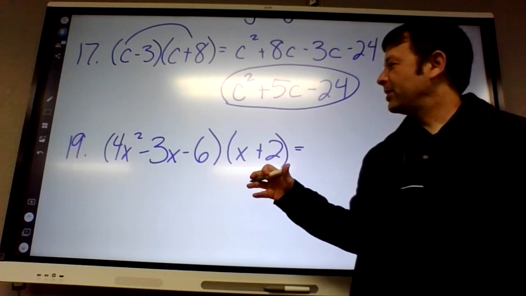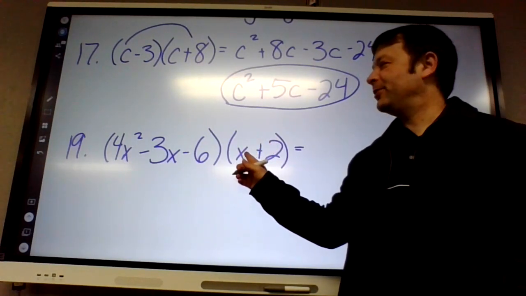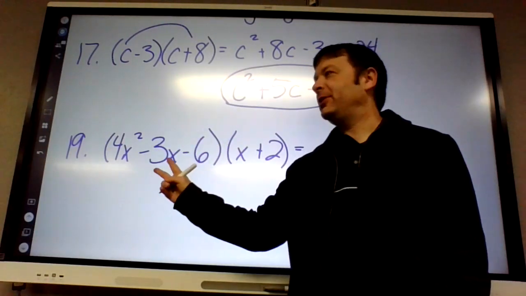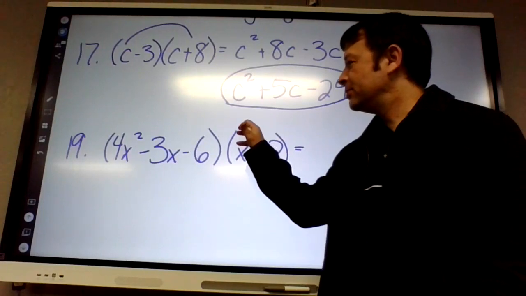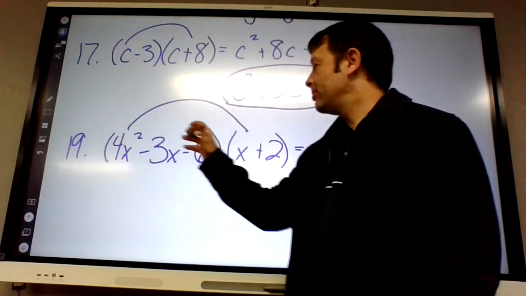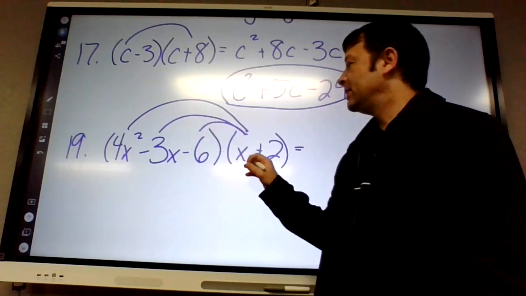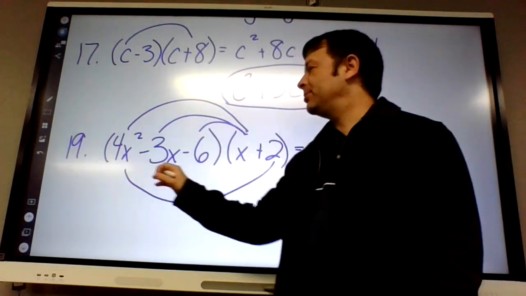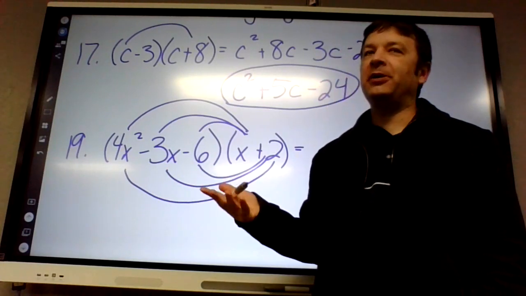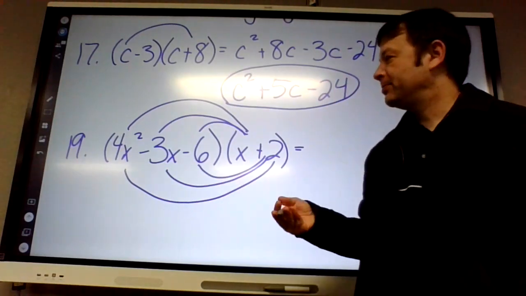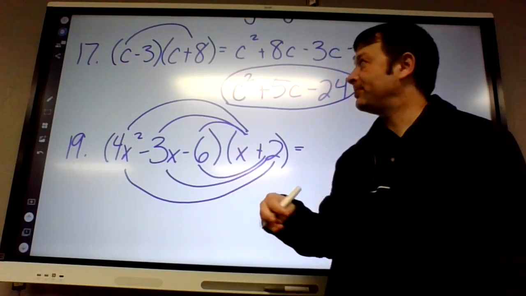Why is it not FOIL? Because it's not a binomial times a binomial. Okay, it's like FOIL. It's like the distributive property. We're basically going to distribute the x on everything, and we're going to distribute the 2 on everything. That's what FOIL does, but the word FOIL only applies to a binomial times a binomial.